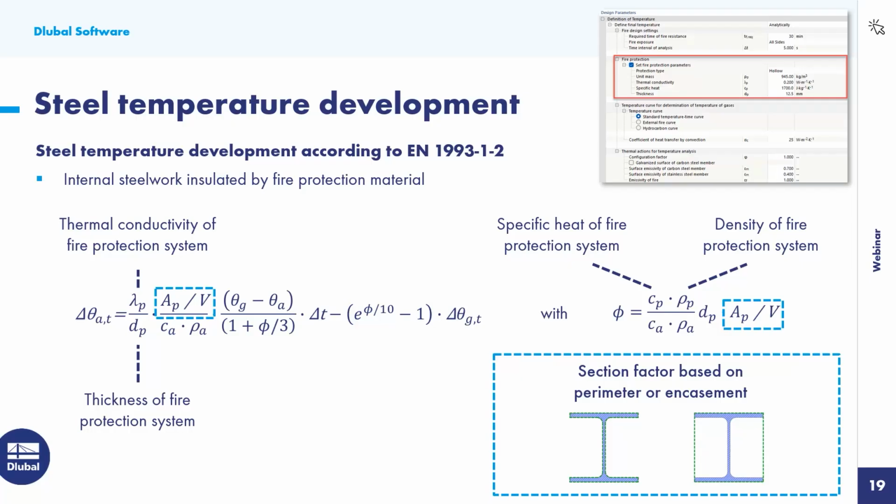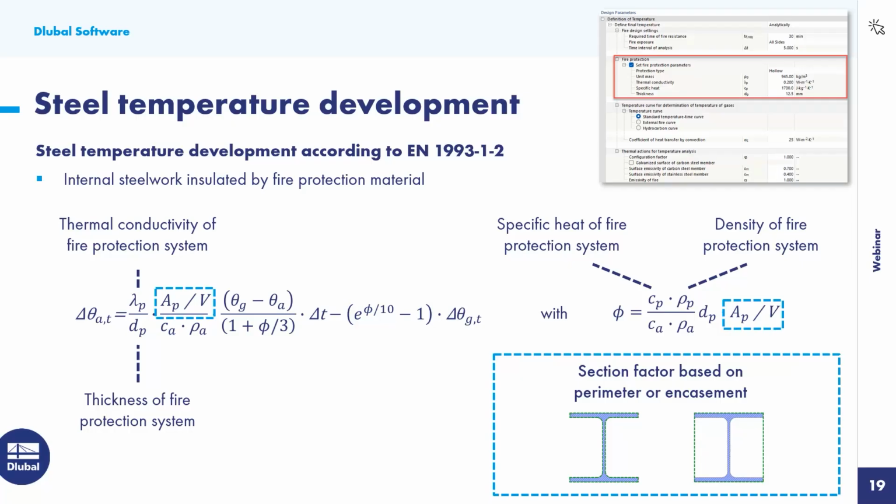And there's also one specialty that we have to take into consideration when calculating the section factor, because it depends on whether I use spray plaster, which is applied on the perimeter of the section, or if I use board, which usually leads to a hollow encasement.